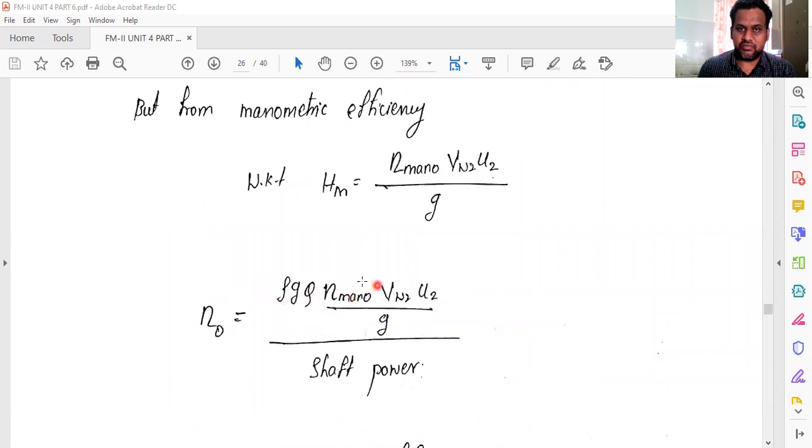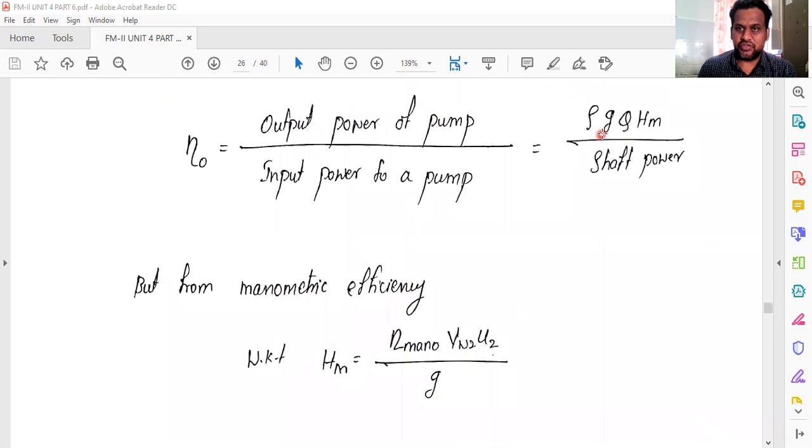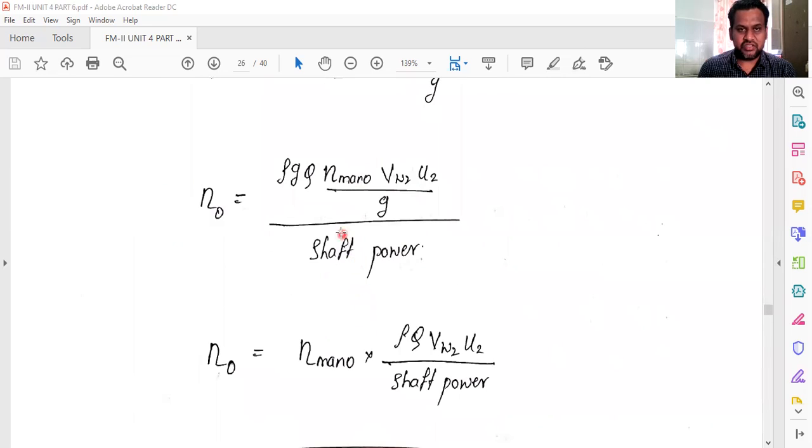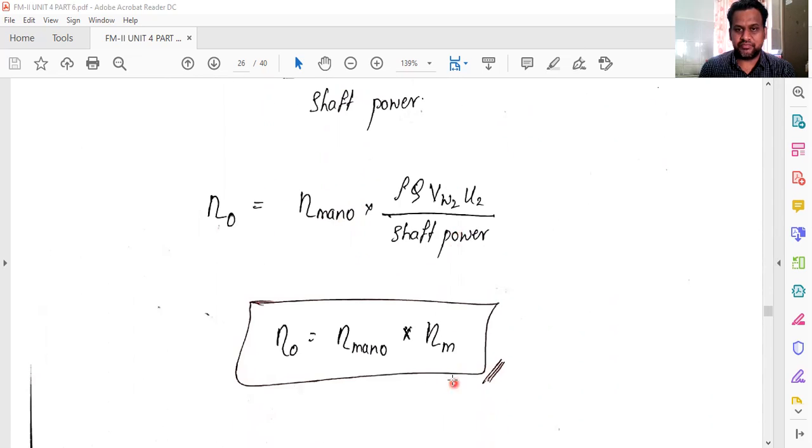So I wrote here rho into g into Q into manometric efficiency into VW2 into U2 divided by g into shaft power. Now if I take the manometric efficiency outside, we get rho into g into Q into VW2 into U2. Obviously g cancels. So I have taken manometric efficiency outside: rho into Q into VW2 into U2 divided by shaft power.